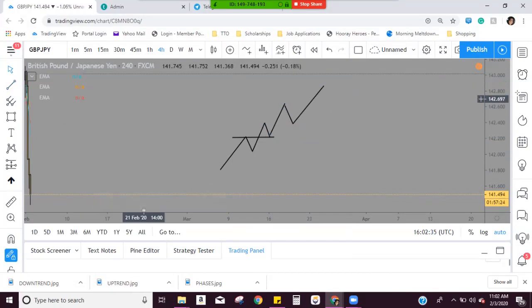So the fib is a tool we use to measure from here to here how much price is going to retrace based off this leg before it continues to go up. It gives you an idea of when to enter for another buy or when to close your sell if you did sell. It gives you a good entry point on how much price is going to retrace before it continues its uptrend or downtrend.